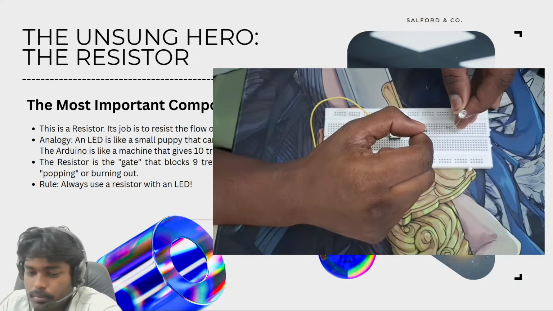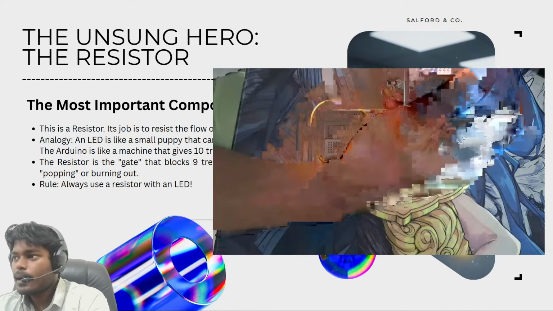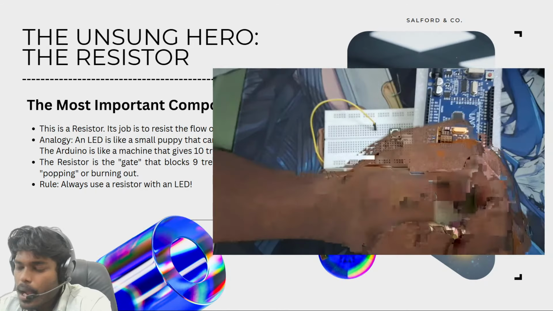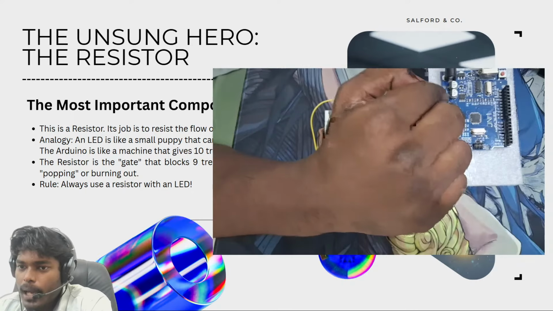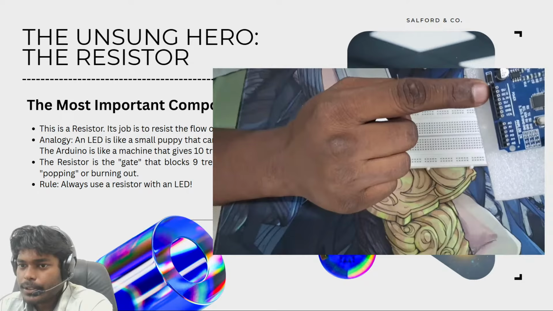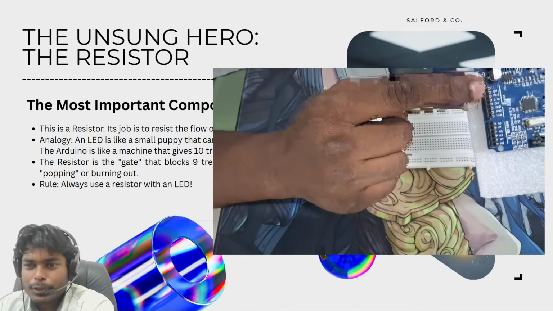All right. So what happens in a microcontroller, for example, the Arduino, is that the power output says it gives you 5 volts, but it's not always 5 volts. It fluctuates.